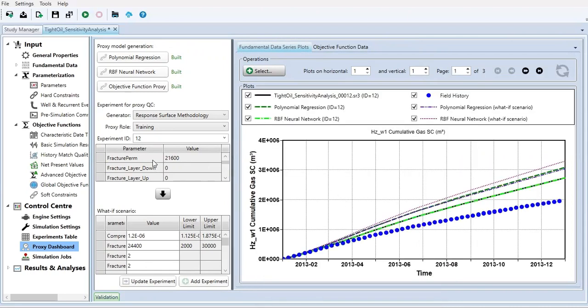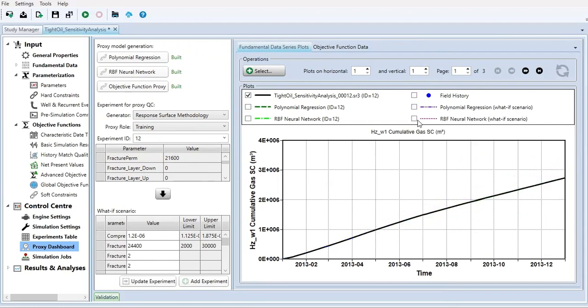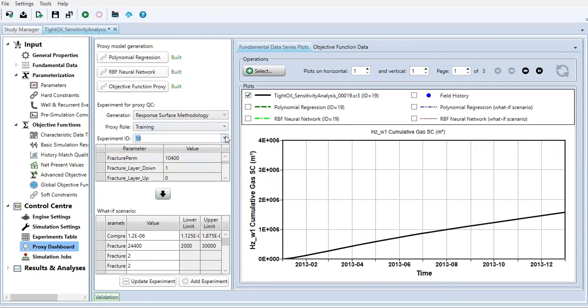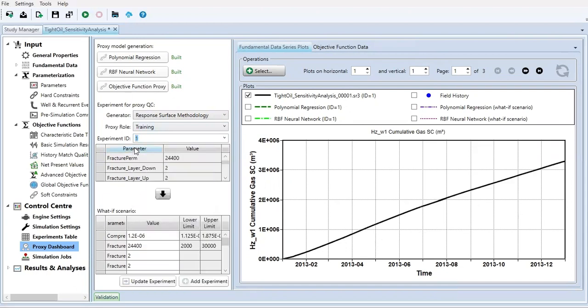And yeah, you know, let's check the plot, the black line. Let's focus on that first. So this is the black line. This is the tight oil sensitivity analysis number 12. Okay. I can change to another ID. All right. Let's go to the first one.